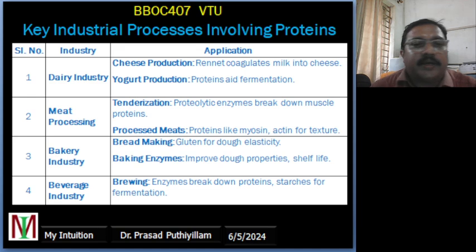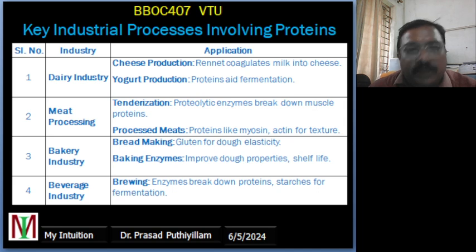Rennet is a complex enzyme used to coagulate the milk, separating it into the curd as well as the whey. Proteins like casein are crucial for the texture as well as the melting properties of cheese.